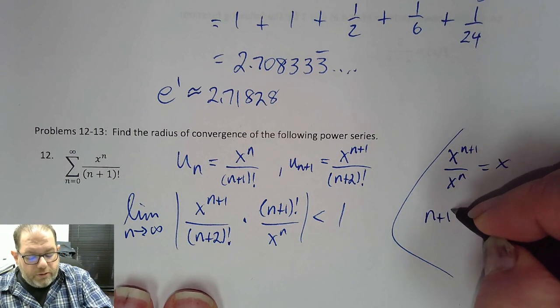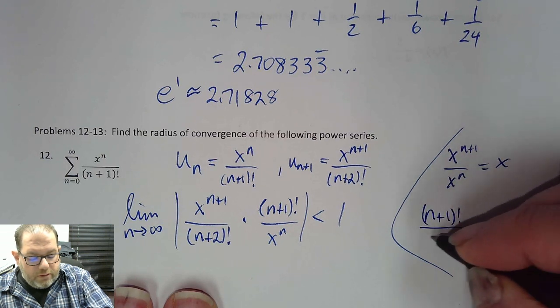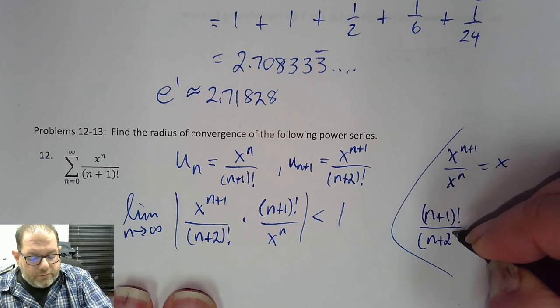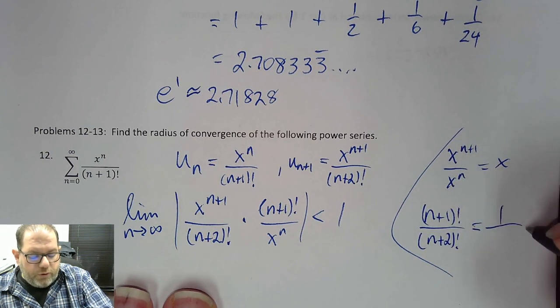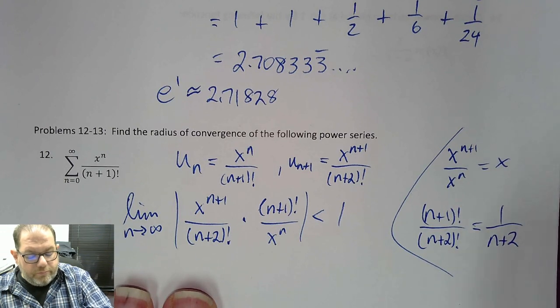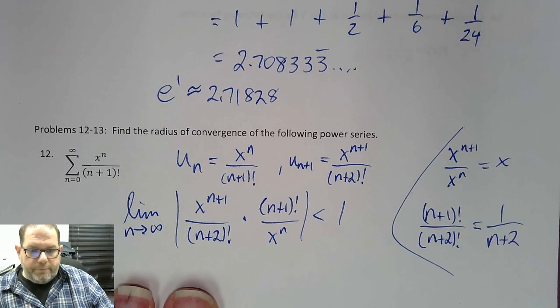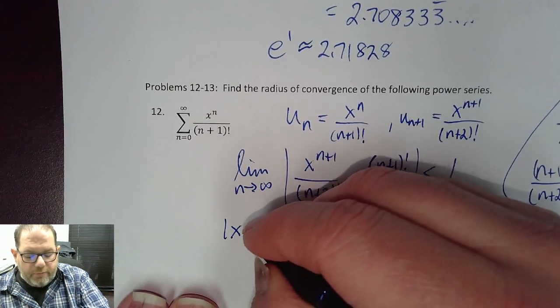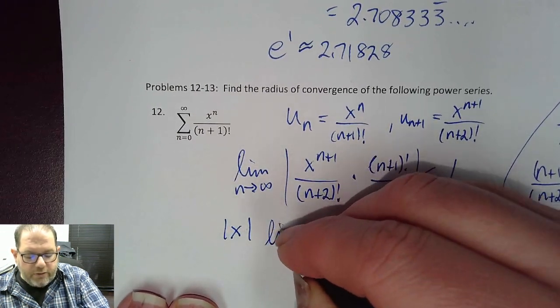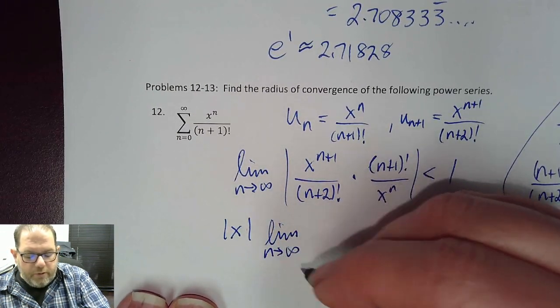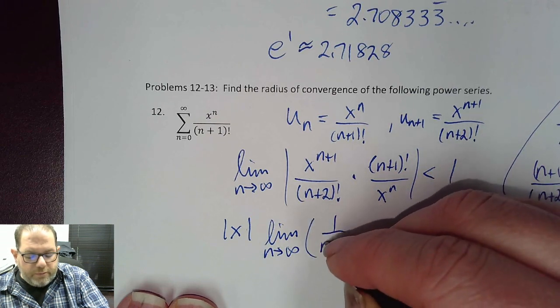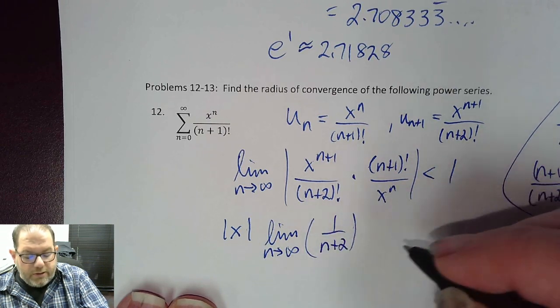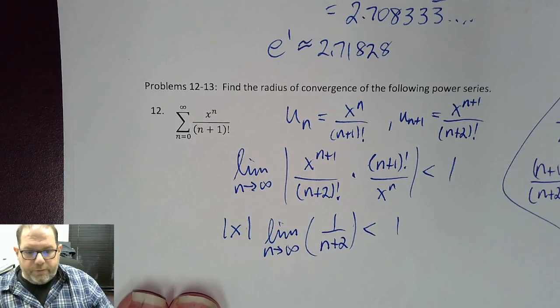And (n plus 1) factorial over (n plus 2) factorial is just going to give us 1 over n plus 2. Okay. So we end up with the absolute value of x, which we can factor out, but we still have 1 over n plus 2 inside. We want that to be less than 1.